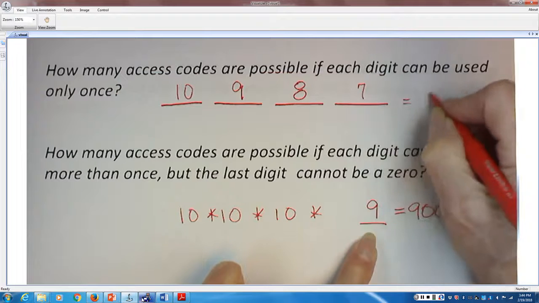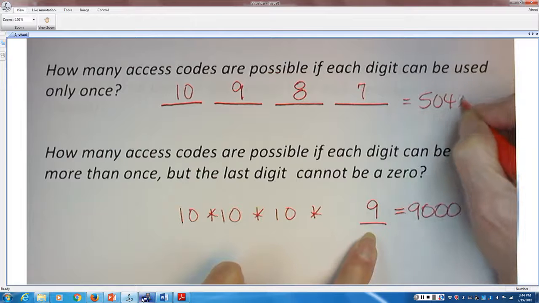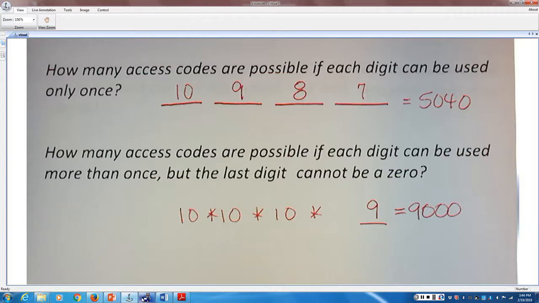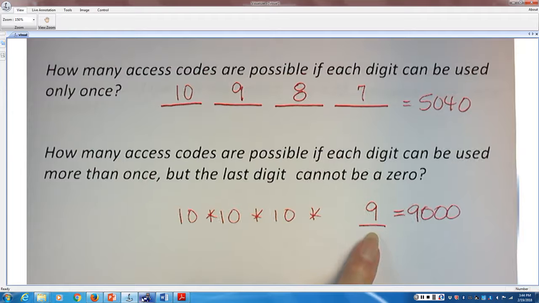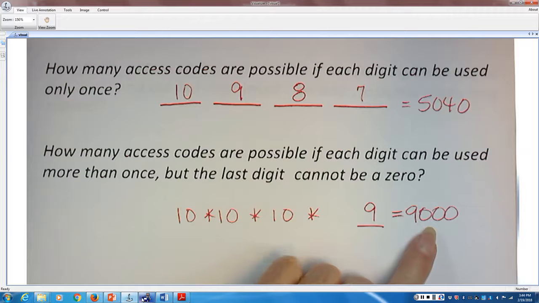Where this was only, and I say only kind of jokingly, 5,040. So by allowing repeats, even with the restriction of not being allowed to use 0 for the last one, I got almost double the number of codes. And that means it's even less likely that somebody can break in.